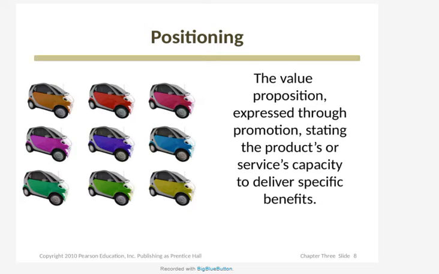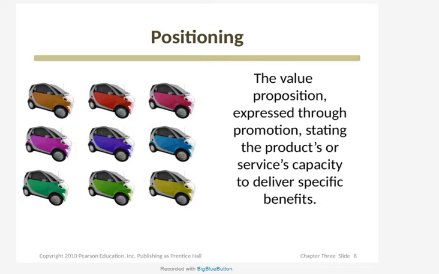So this is targeting. After targeting, I will do positioning. The value proposition expressed through promotion, stating the product's or the service's capacity to deliver a specific benefit. That's how I create the image in the customer's mind.